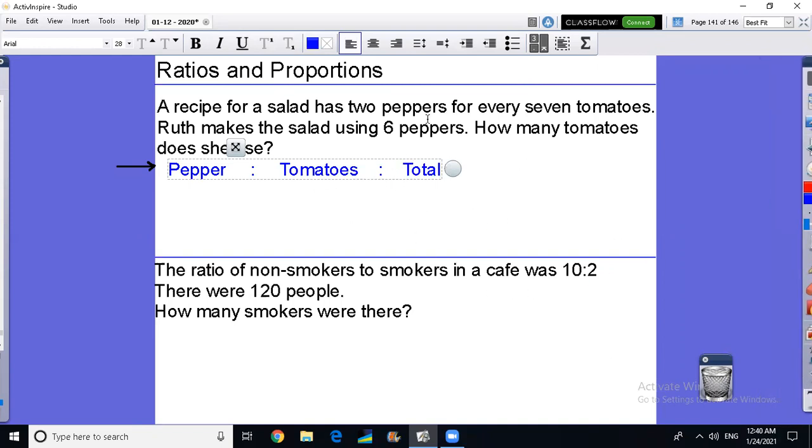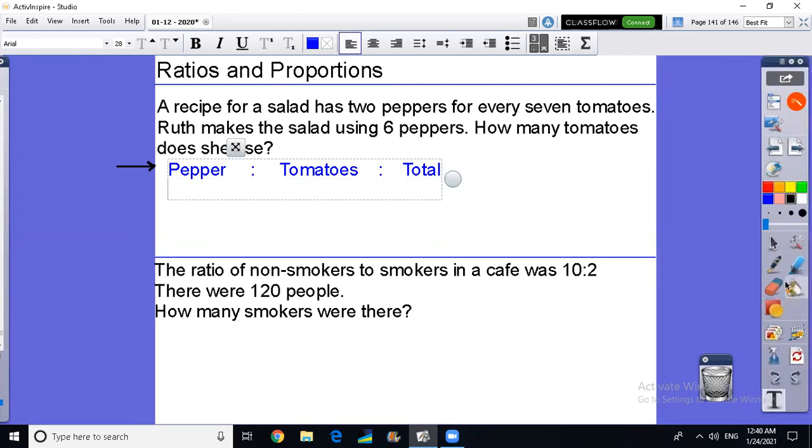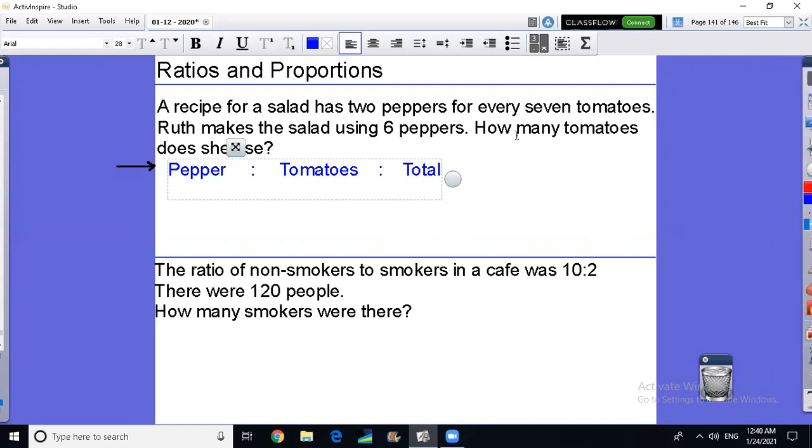What about the second line? We determined that we're dealing with peppers and tomatoes. The other line is always about the facts. What fact do we have here? A recipe for a salad has 2 peppers for every 7 tomatoes.